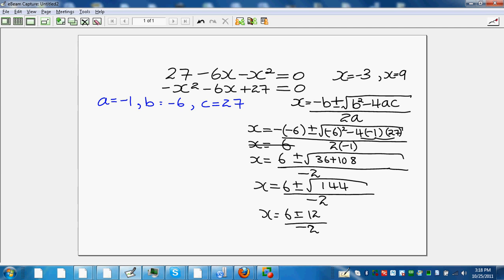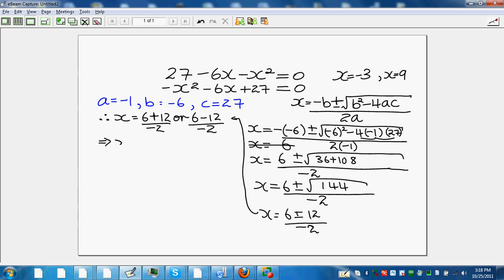So what do we do then? We come up. See what we have now. Therefore, x will be equal to 6 plus 12 over minus 2, or 6 minus 12 over minus 2.